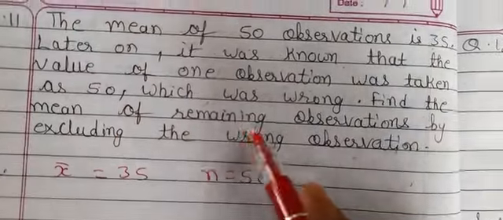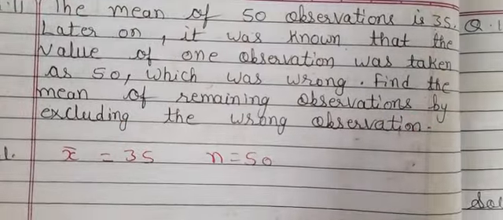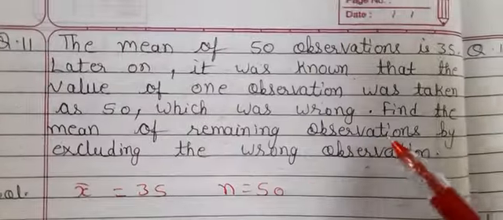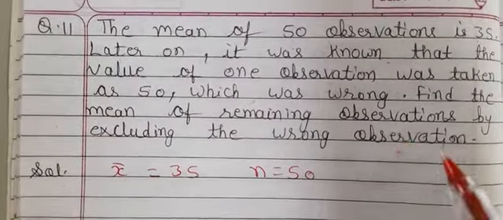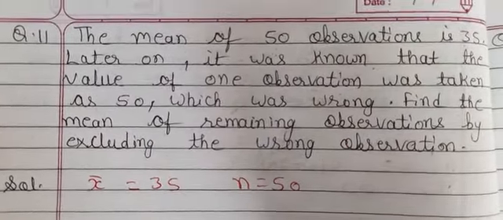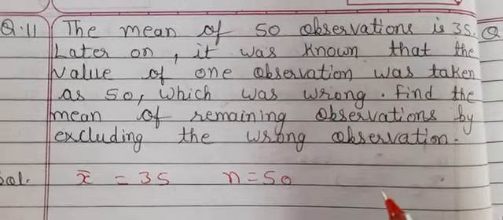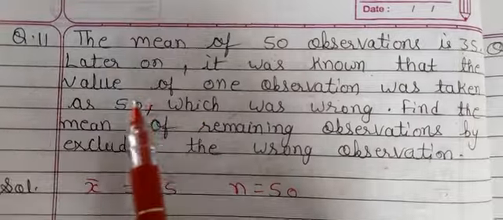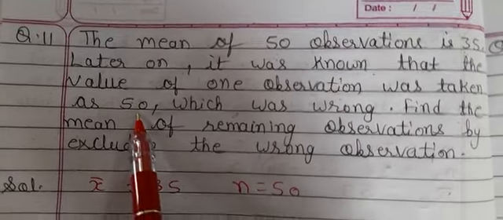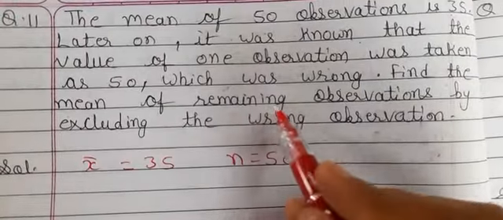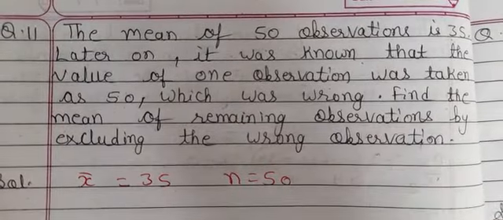Find the mean of the remaining observations by excluding the wrong observation. Now this is a little different from the examples we have solved, because in those, both wrong and correct observations were given. Here they have only given the wrong observation and told us to exclude it and find the correct mean.